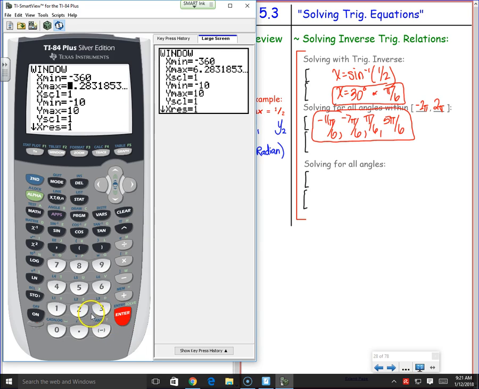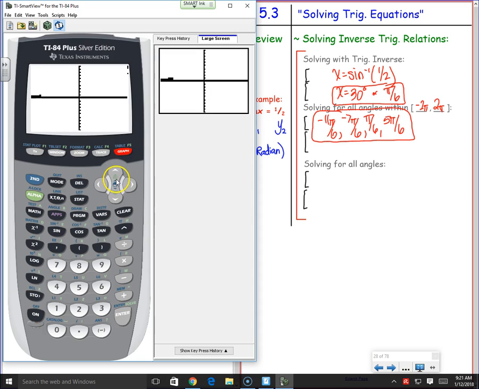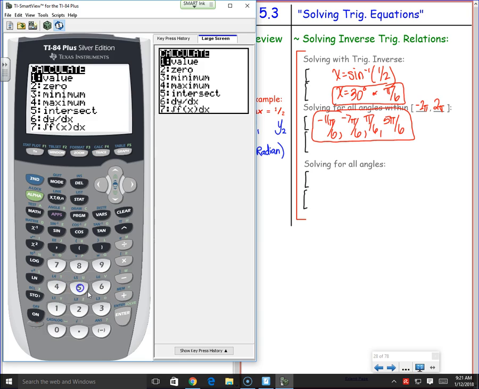Do you guys remember a special zoom that might help us if we're in degree mode and it looks all funny? Zoom fit, maybe. I was thinking zoom. Yeah, if you look in your zoom menu, there's a zoom trig. It kind of makes it appropriate to whatever mode you're in. That might help. But do you see how we have the exact same picture now that I did negative 360 to 360?